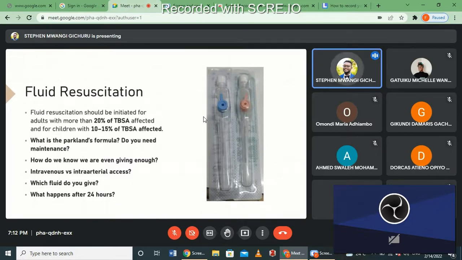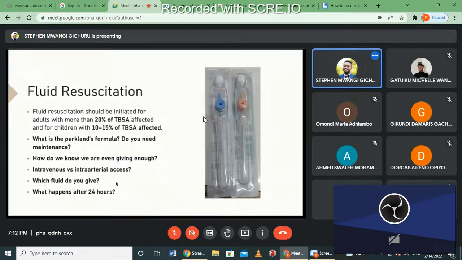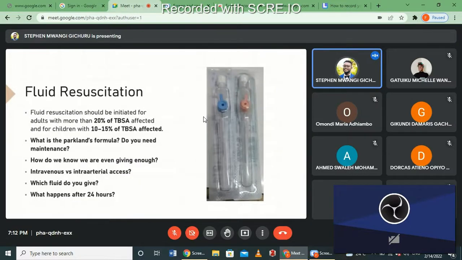Someone wants to know what the Parkland formula is? We choose Hassan Abdi Ahmed. Crystal Kaigai.